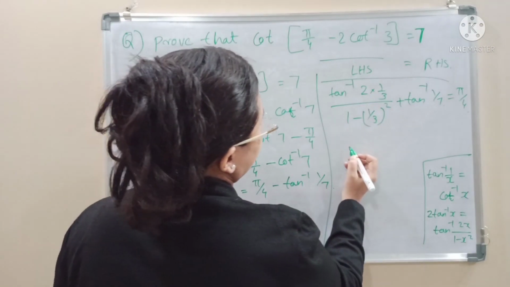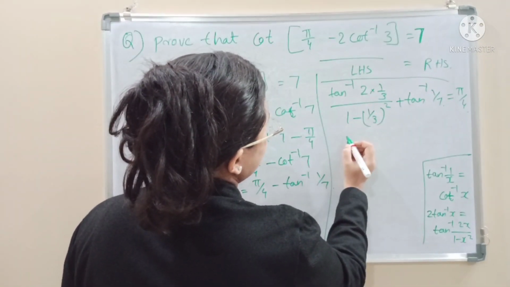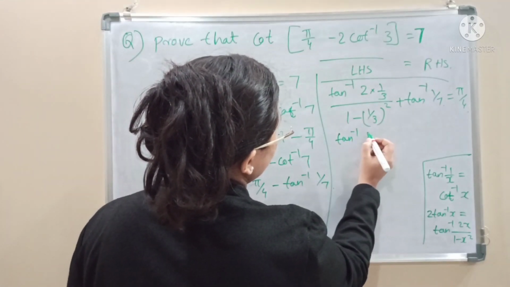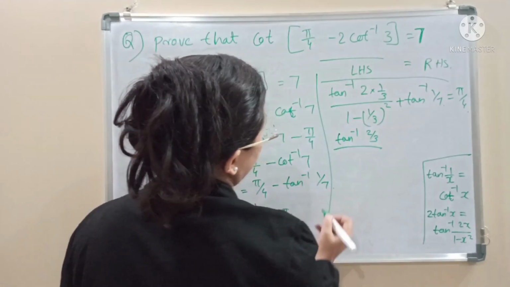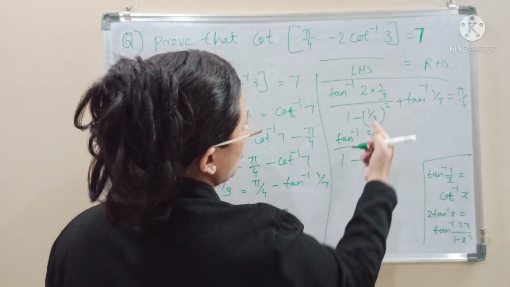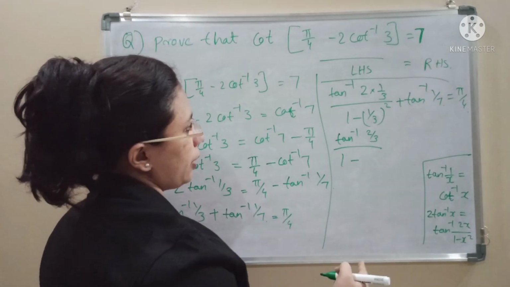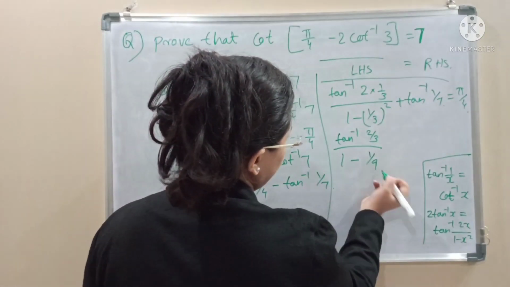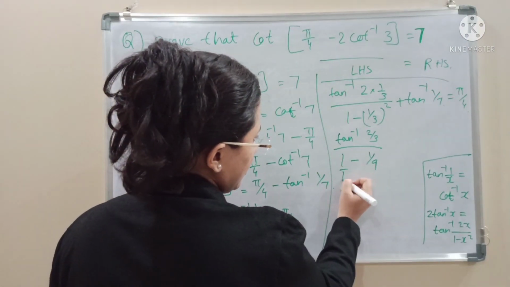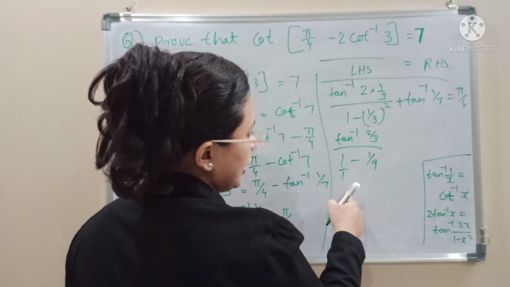So this will be tan inverse of 2 by 3 divided by 1 minus 1 square divided by 3 square, so it will be 1 by 9. If we do cross multiplication, it will be 9 minus 1 divided by 9, right?